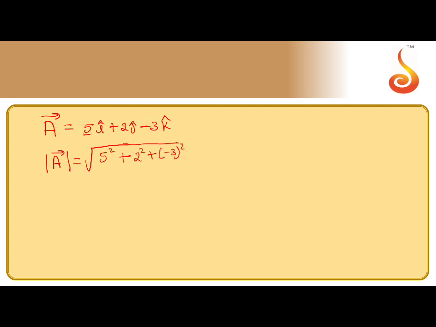The coefficient of k is minus 3. This will be square root of 25 plus 4 plus 9. It will be square root of 38 units.